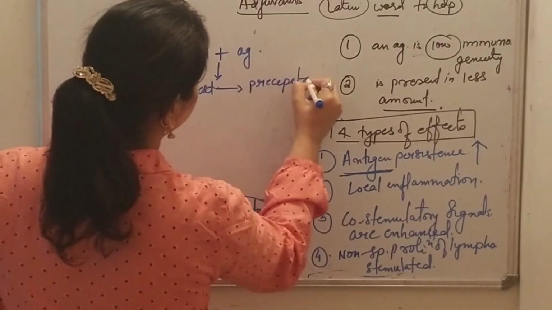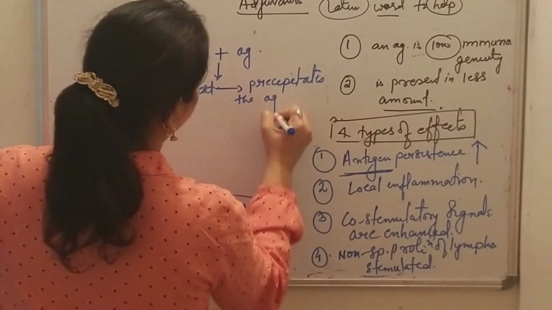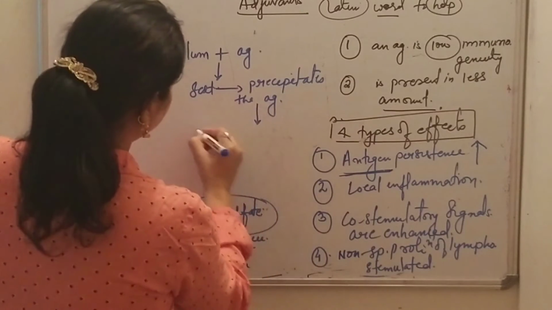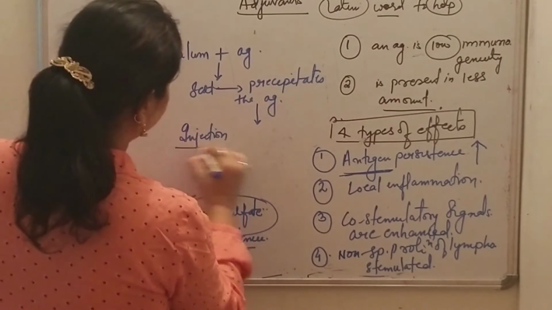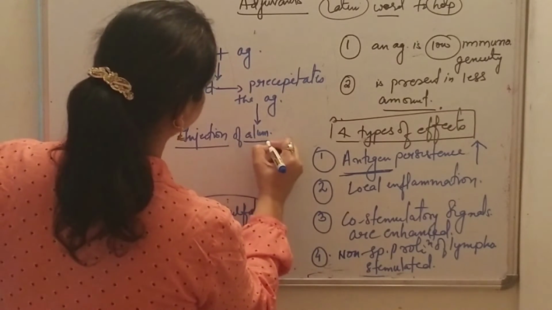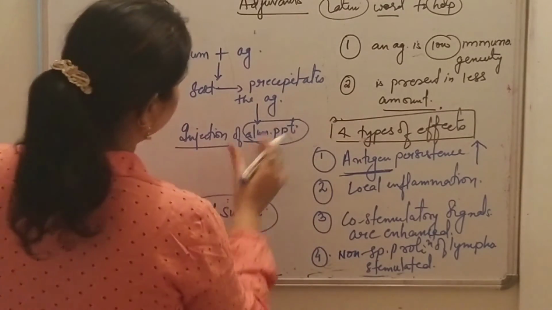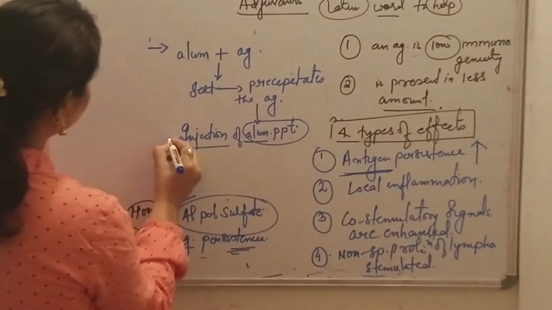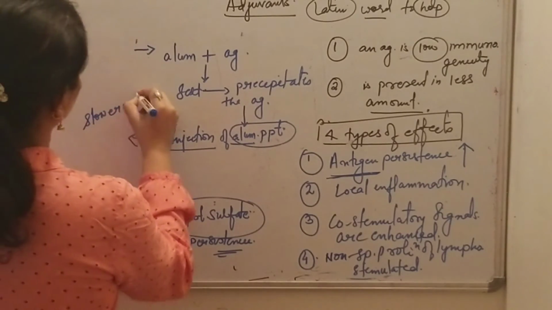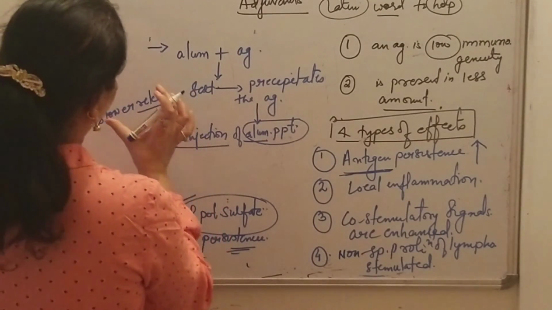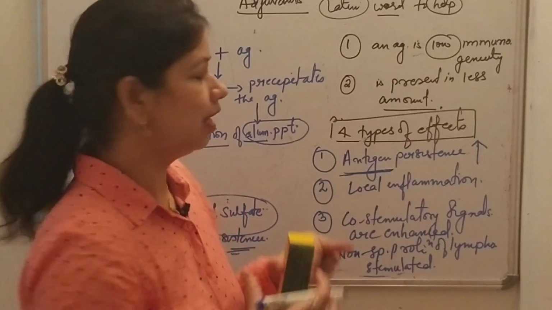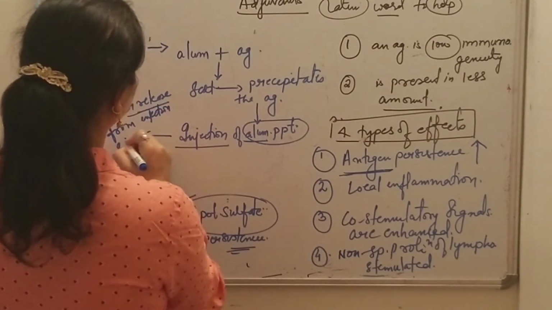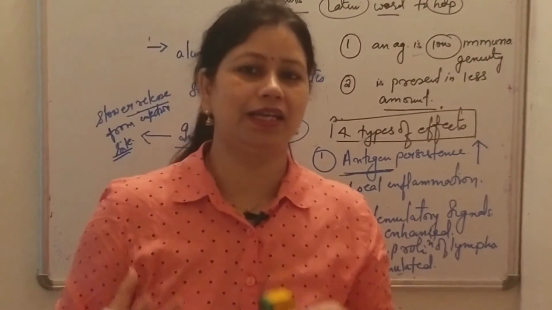When this alum precipitate is injected, it results in slower release of antigen from the injection site, so that the effective time and exposure of that antigen is prolonged.